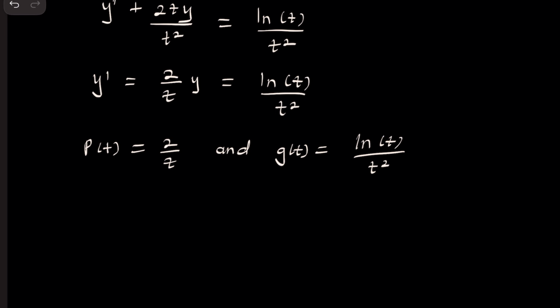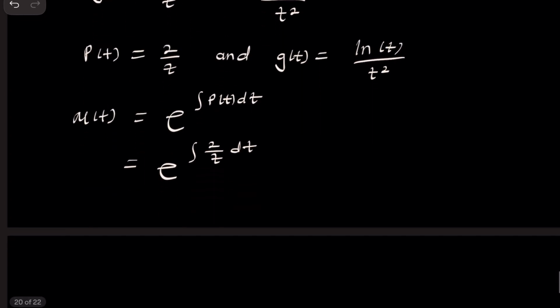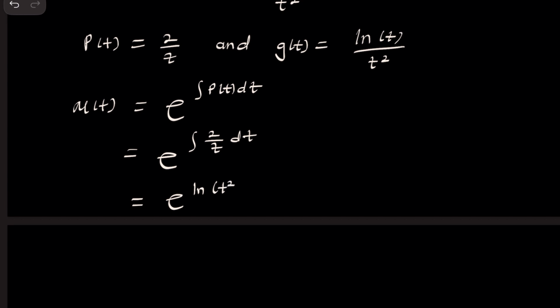Let's compute our integrating factor. μ(t) will be giving us e^(∫p(t)dt). So that's going to be e^(∫2/t dt), now p(t) is giving us 2/t, and so we are going to have this guy to be e^(ln t²).